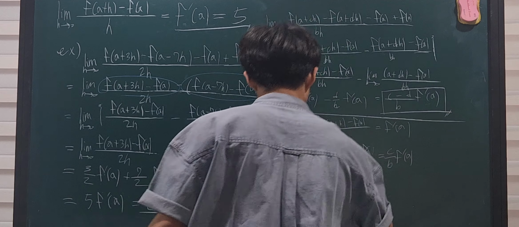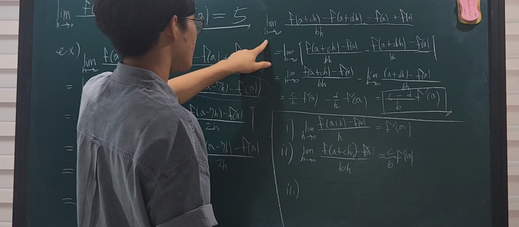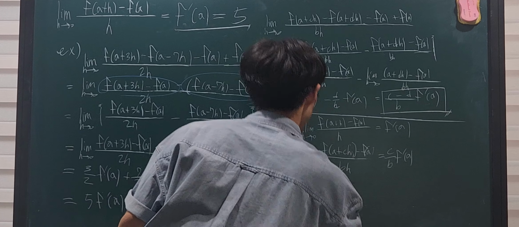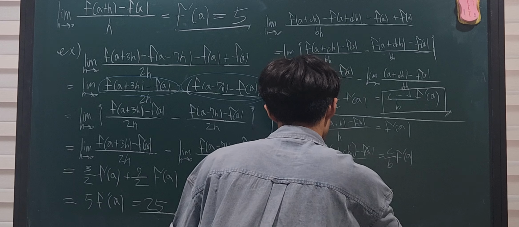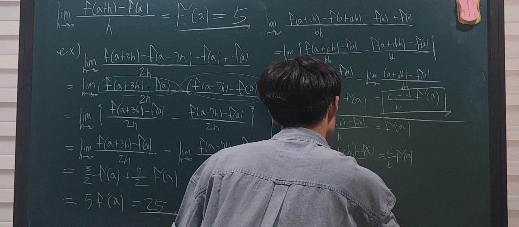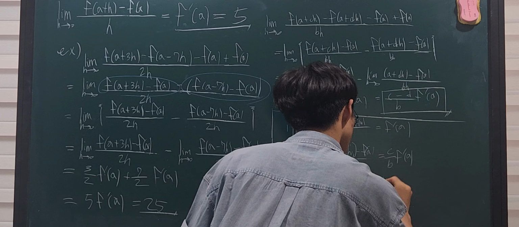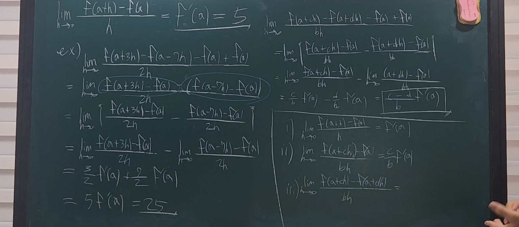And the third, this format here. It's probably too long, but I'll still write it. bh over f(a plus ch) minus f(a plus dh). This equation, however, has an exception, right?